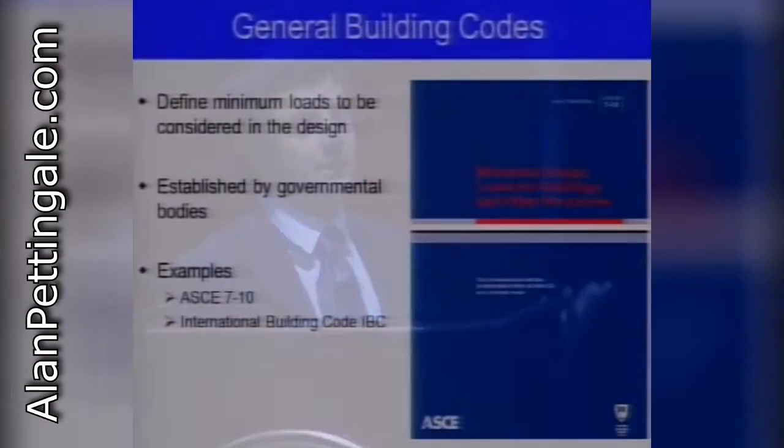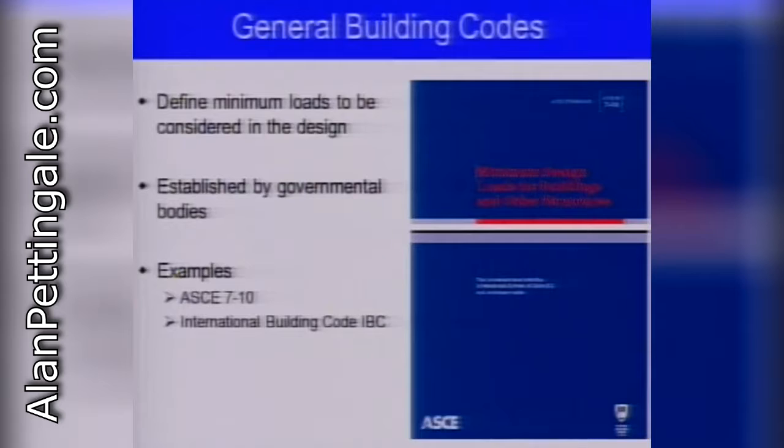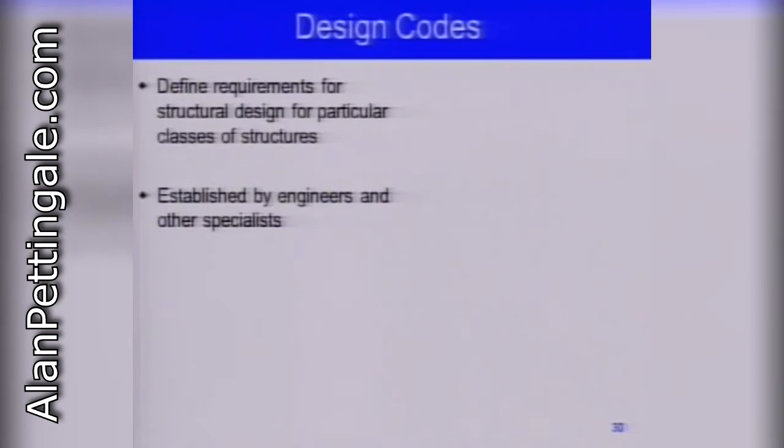So for the loads that the structure bears, we have what we call ASCE 7, and the current version is from 2010. So it's ASCE 7-10 that we currently use. And this defines the minimum loads for buildings and any other structure that you might think of. Then we have the design codes.